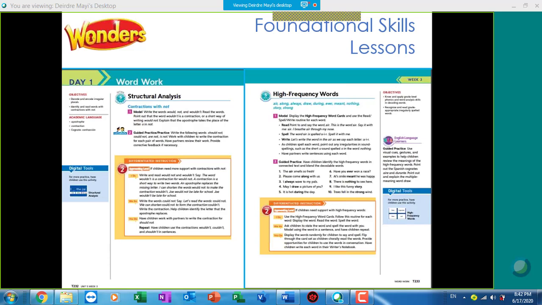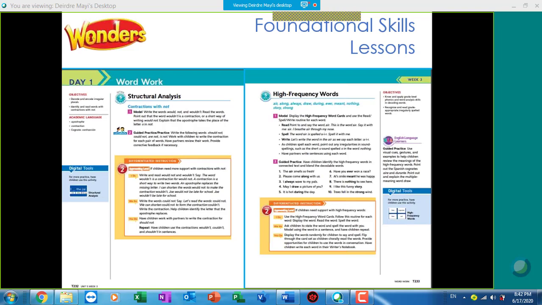Students will learn structural analysis. In the example that you see on the screen, students will learn contractions with not, but they will also learn plurals and other aspects of structural analysis. On the right side of the page, here we are still on day one. We are going to introduce high-frequency words.